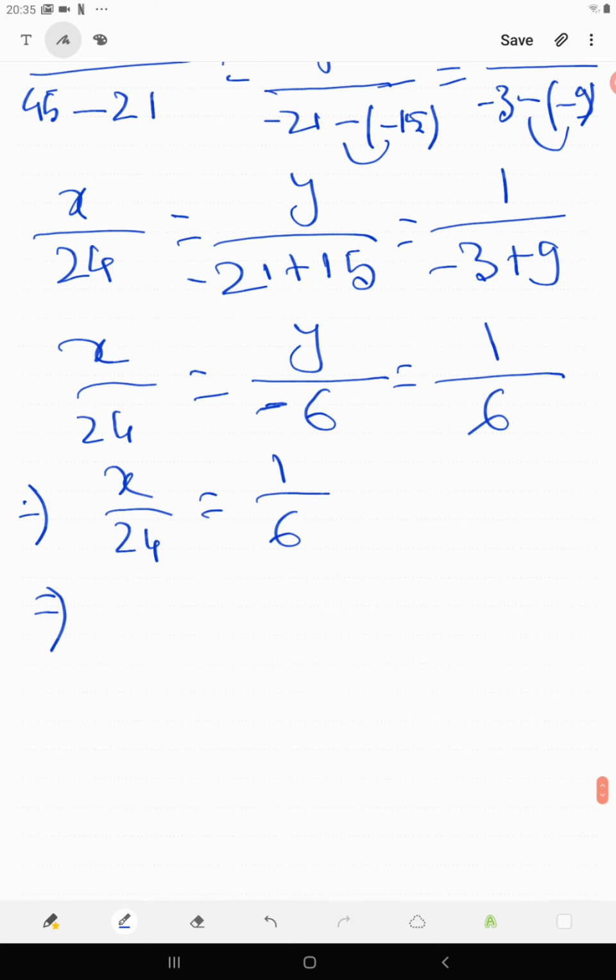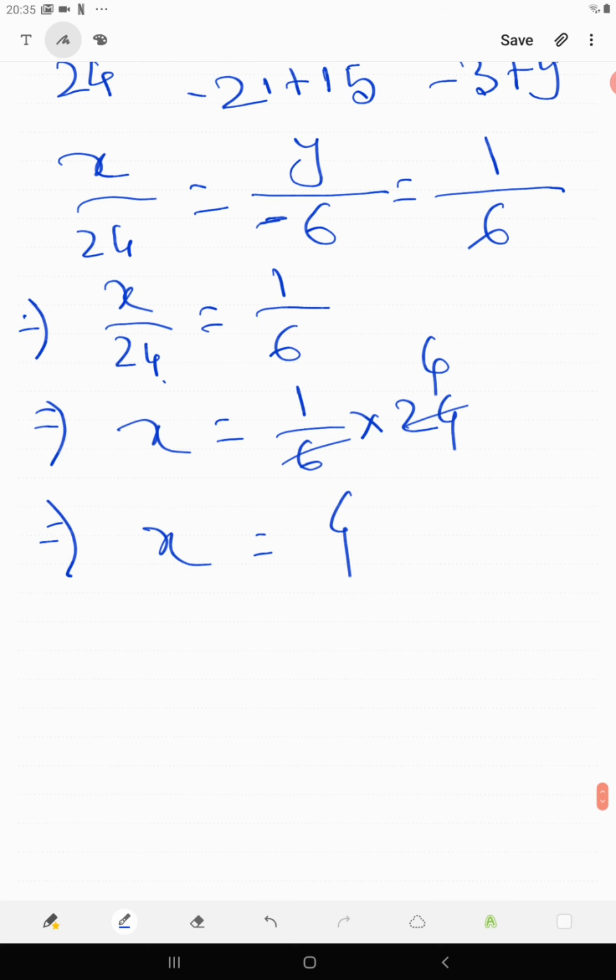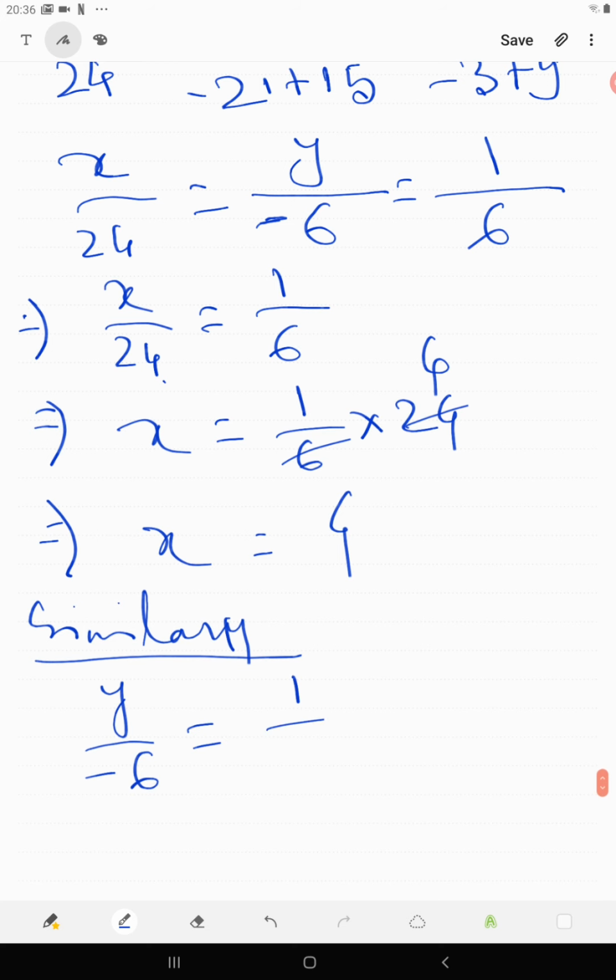Now this 24 will go to the right. Since it is division here, it will become multiplication on the right. So 1 by 6 into 24. 6 fours are 24. So we got x equals 4. Okay, similarly, what we have is y by minus 6 equals 1 by 6.